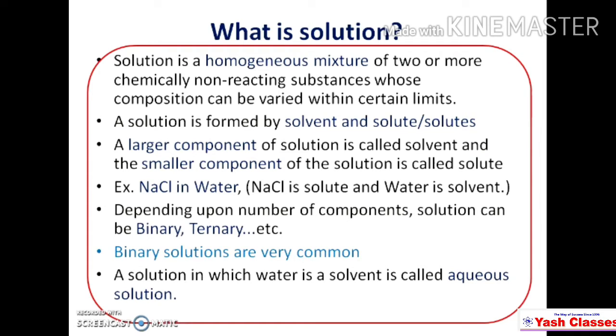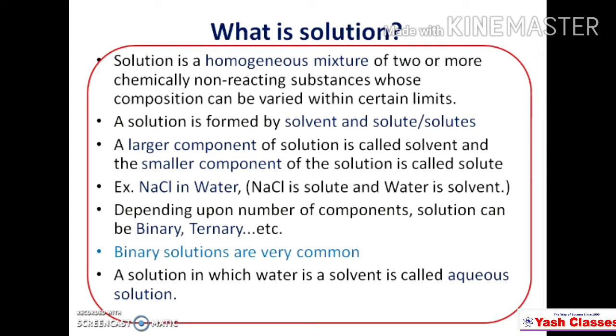Or suppose kerosene is mixed with water, or petrol is mixed with water. Petrol or kerosene is immiscible with water, it is not a solution. So a solution must be homogeneous. We can't distinguish two phases; visibly, two phases cannot be distinguished.